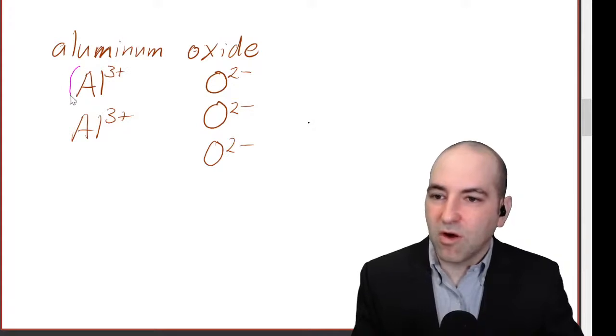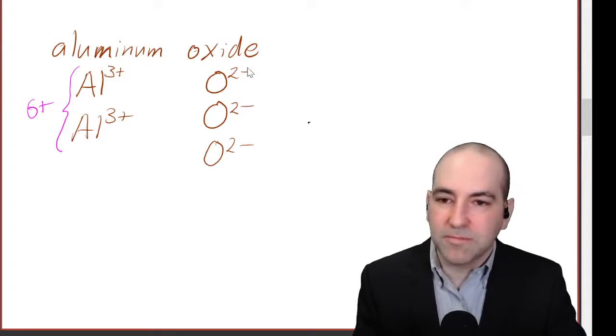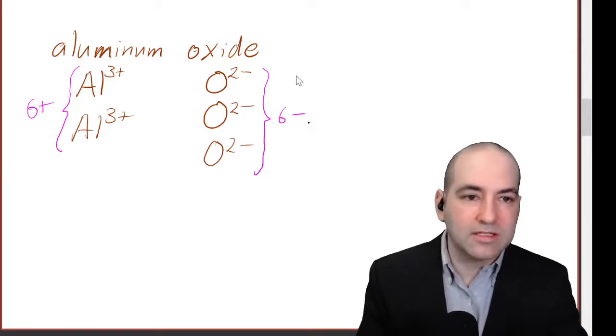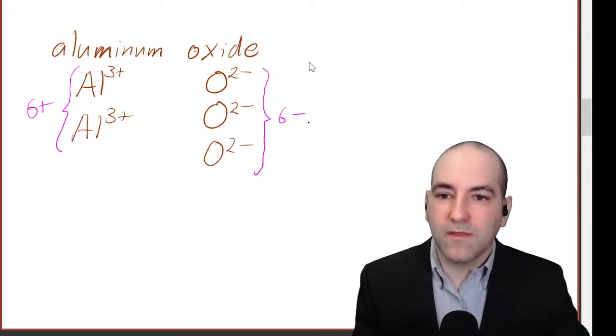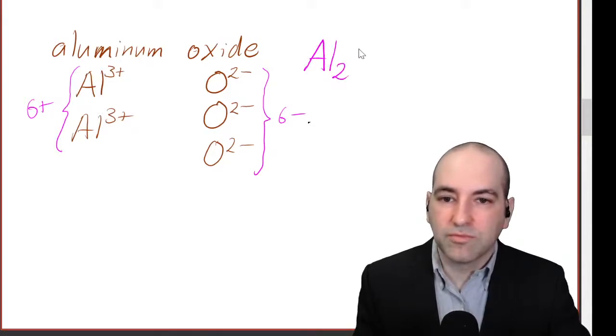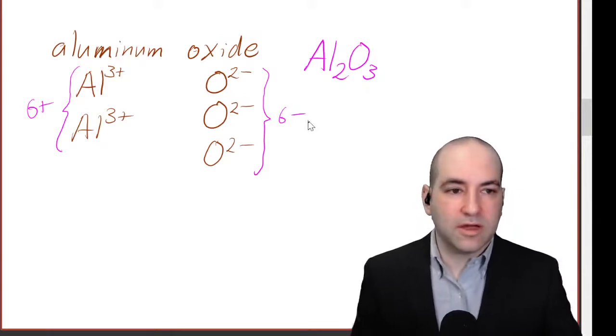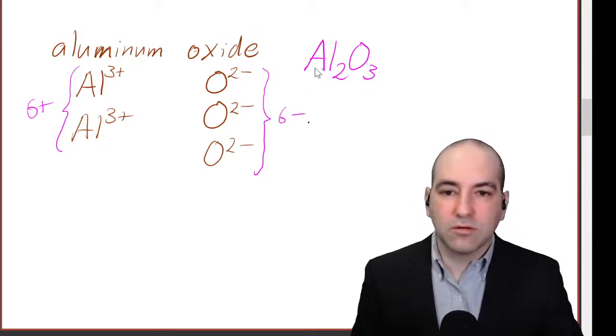So you can see here, overall, if we have 2 aluminums, we have six positive charges. And then overall, if we have 3 2-, we have 6-. So that balances out. So the way we want to write this formula then is Al2O3 to show that we need to put these together in the ratio of 2 aluminums to 3 oxygens.